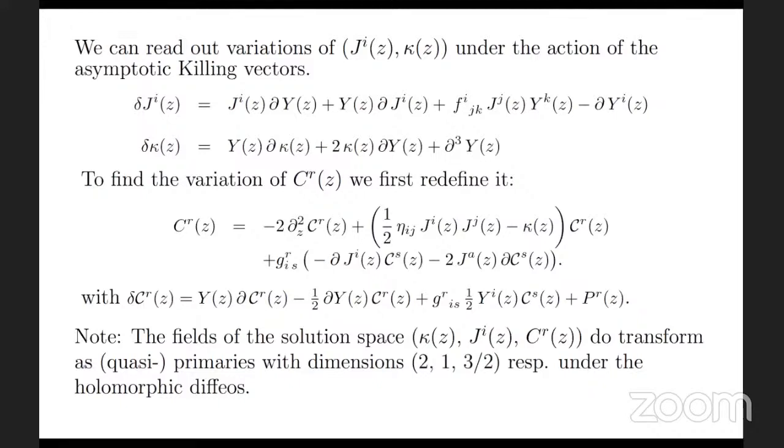And there are a bunch of expressions. What these tell us is that these functions transform like primaries under the left diffeomorphisms, which correspond to the Virasoro generators, with some particular weights. This is like a quasi-primary, quasi-stress tensor. These are like currents, and these are like spin 3/2 objects.